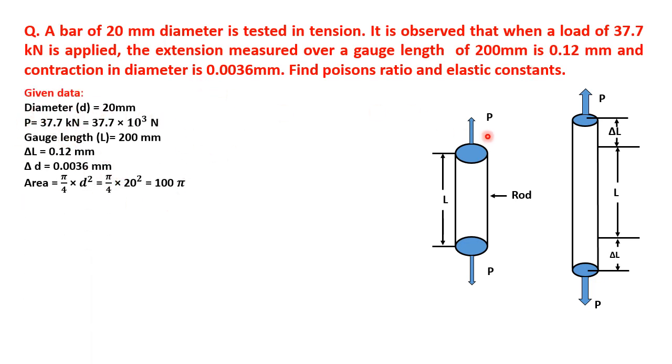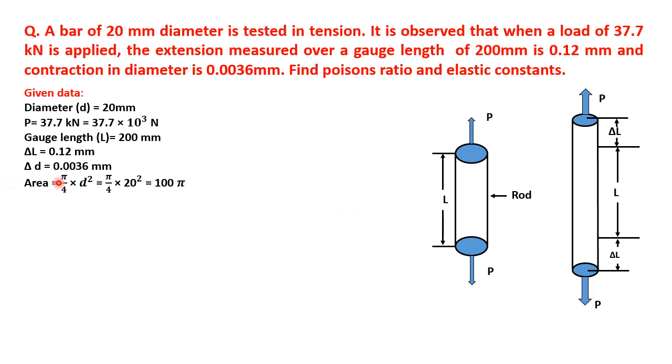Here the original diameter of the bar is 20 mm, and P, the load applied on this bar, is 37.7 kilonewton. If we convert kilonewton into Newton, we have to multiply this term by 10 to the power 3. The original length of the bar is 200 mm and it is denoted by the term L. The change in length is 0.12 mm and the change in diameter is 0.0036 mm.